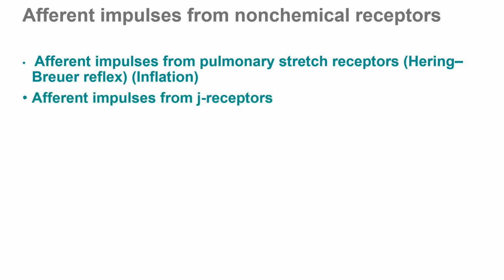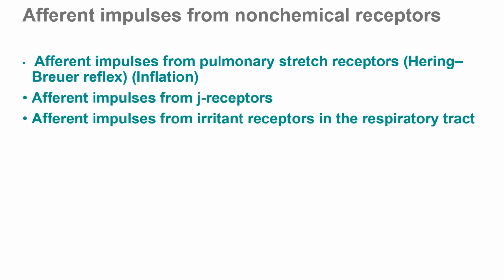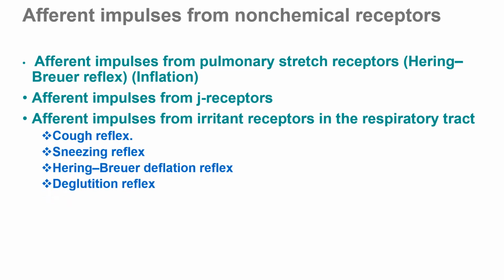Afferent impulses also come from the J receptor and from the irritant receptors, which protect our lung from different deleterious chemicals like smoke and dust. What are those reflexes? The cough reflex, the sneezing reflex, the Hering-Breuer deflation reflex, and also the deglutition reflex.